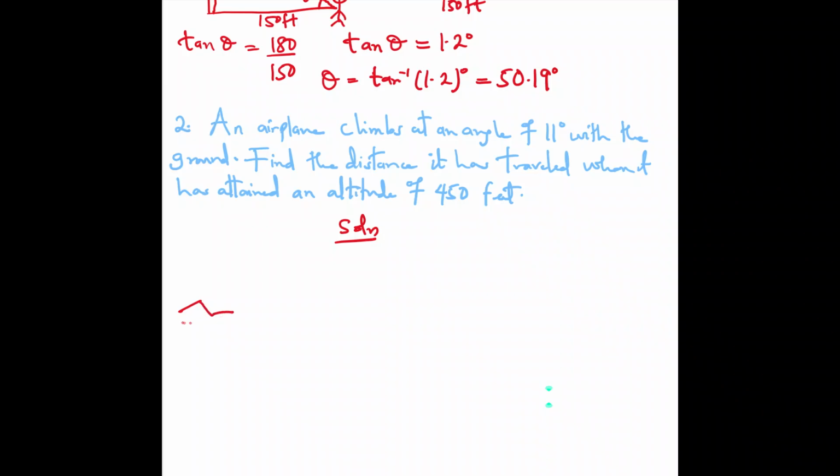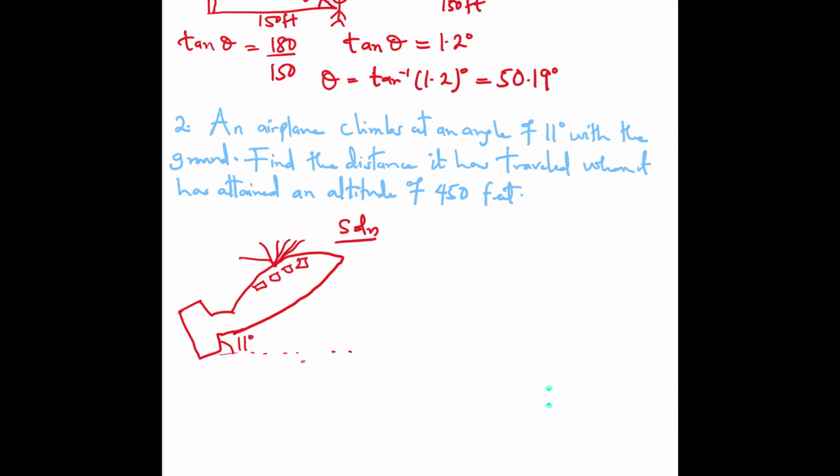So this is the airplane, and it climbs at an angle of 11 degrees from the ground. So let's say this is the ground. This is the angle from which it climbs. It's 11 degrees, a very short angle.